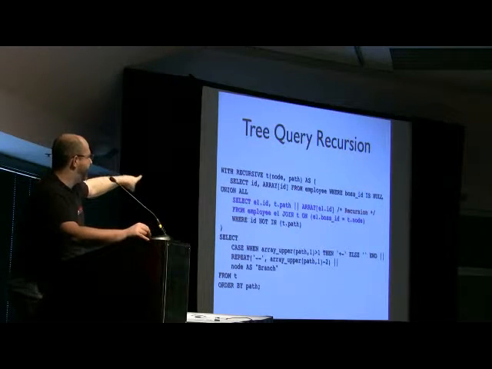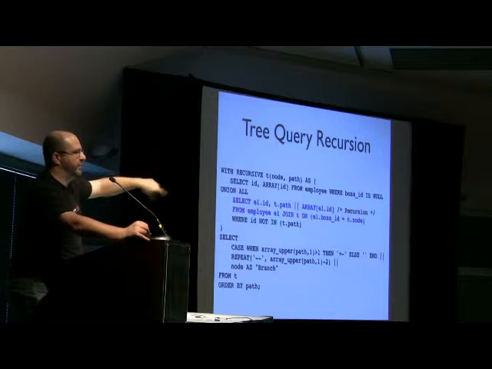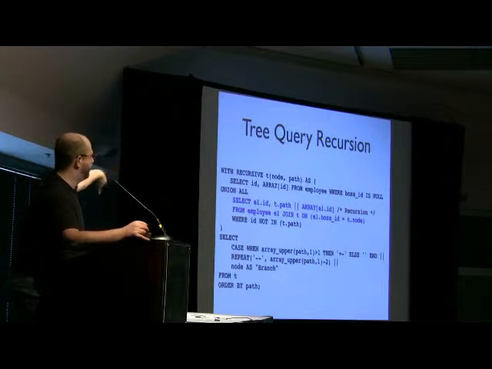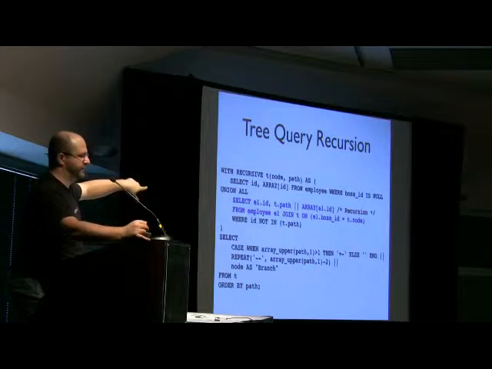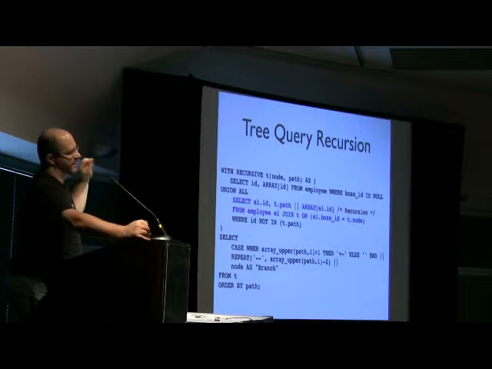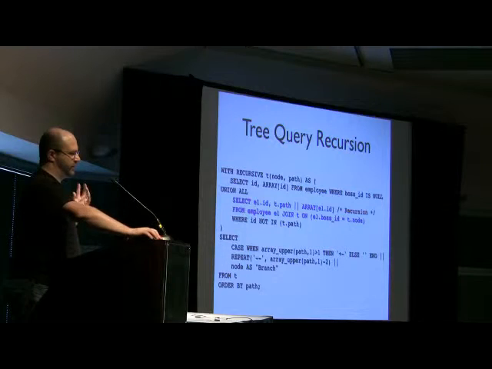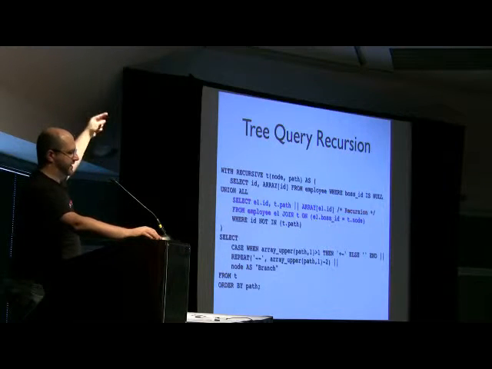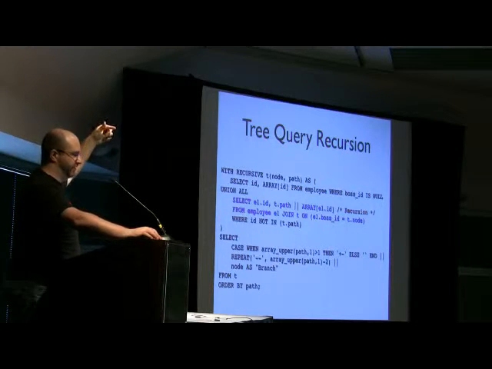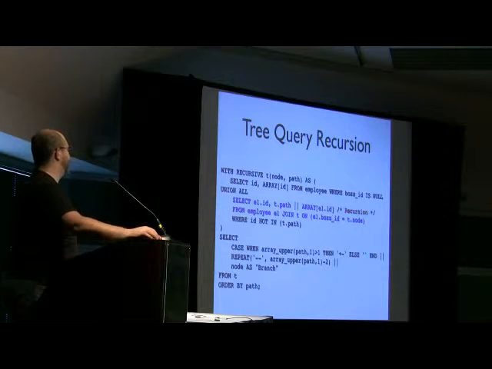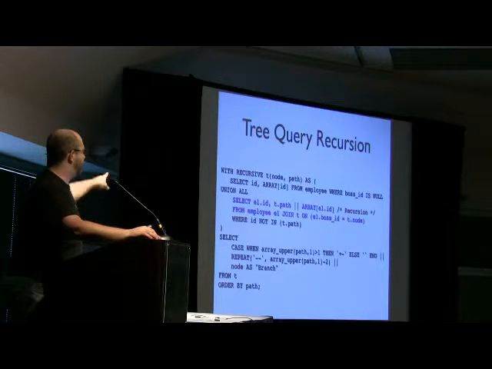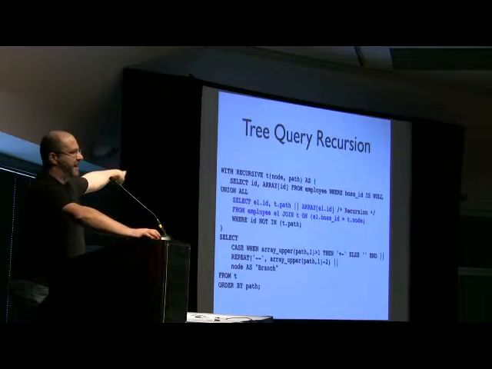So we're joining it back from T to node, or from boss ID to the node. So you're saying we're finding all the people whose boss is the node above. So that's our recursion. We're materializing a path here on the fly.